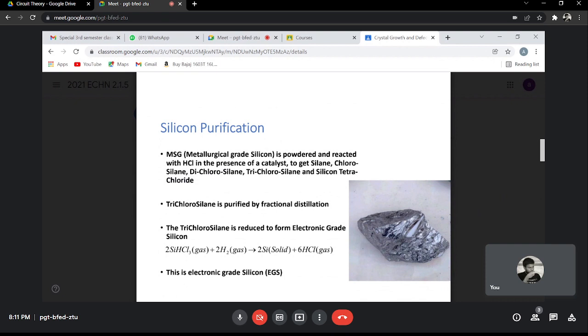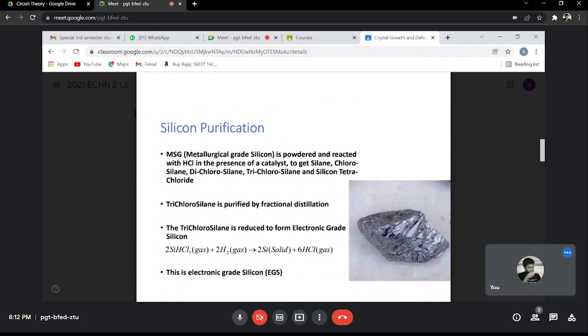CH4. Silane is SiH4. And then the chlorosilane is simply SiH3Cl. Dichlorosilane is SiH2Cl2, etc. So you replace one hydrogen with chlorine, you get the chlorosilanes. So if you react silicon with HCl, you get these, of which trichlorosilane is a liquid.